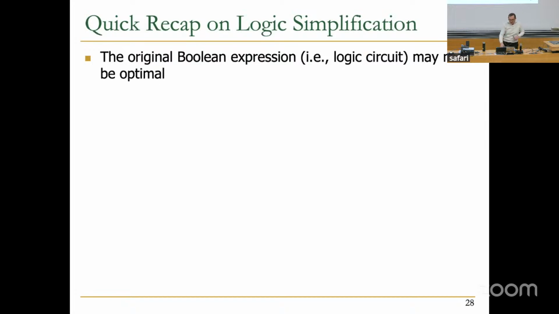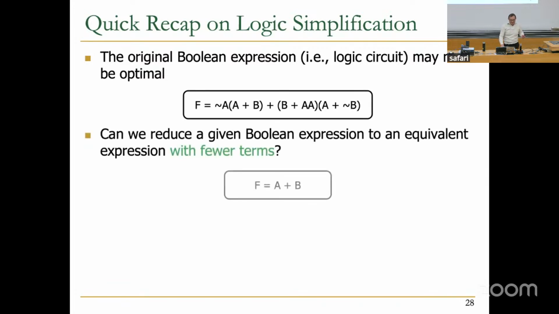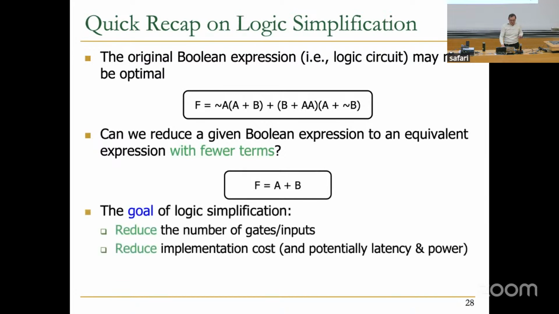I'll just give you the key idea of how electronic design automation tools operate. They really operate based on these equations. Essentially, they try to reduce the number of gates or inputs and reduce implementation costs so that you can get better latency and power. And each gate has some characteristics, assuming it's implemented in some underlying technology.